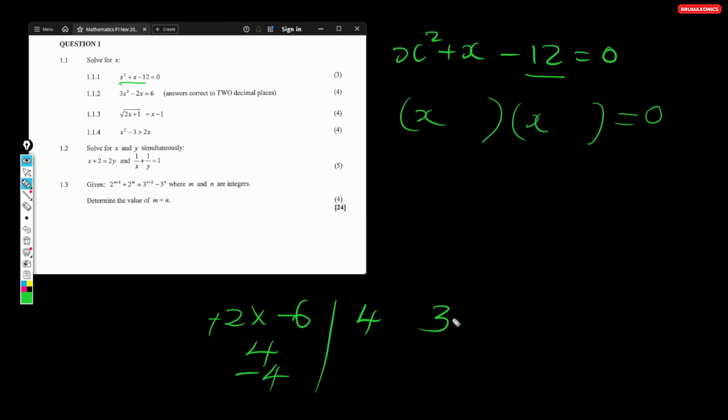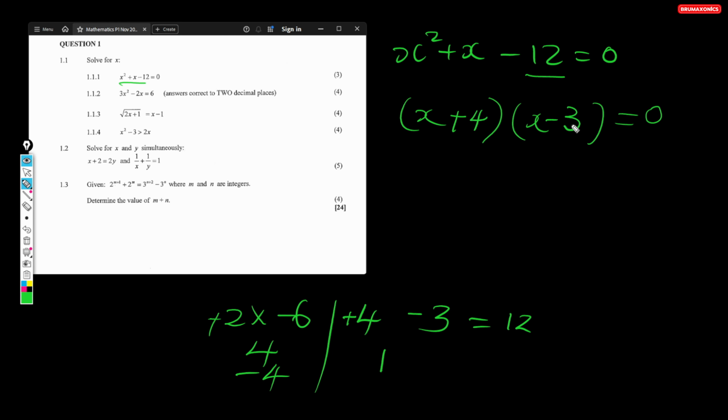So with 4 and 3, when we multiply them, we get 12. And then when we add them with positive 4 and minus 3, this gives us a 1, meaning that we can now say positive 4 minus 3. The reason we are doing this is that we know when we multiply them, we are going to get a negative 12.